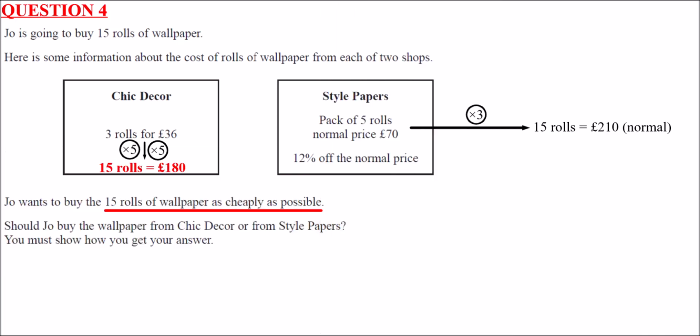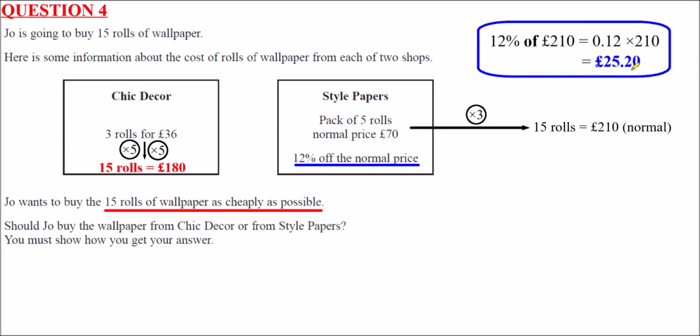That needs to come off the 210, so we discount that to get the actual total price to be paid. 210 take away £25.20 gives us a total for 15 rolls of £184.80. You can now see this price is more expensive than what would have been paid at Chic Decor. Therefore, Joe should get these rolls from Chic Decor because £180 is cheaper than £184.80.